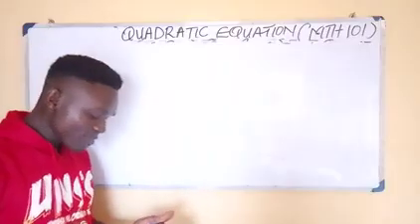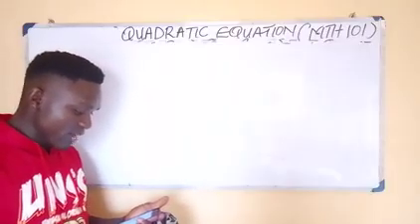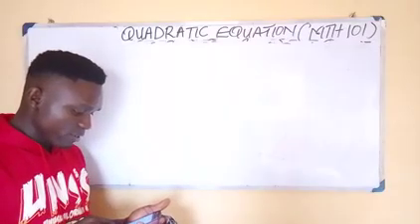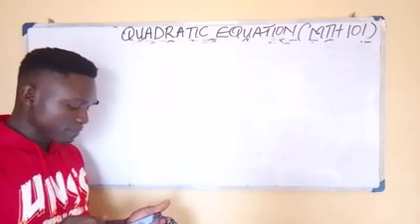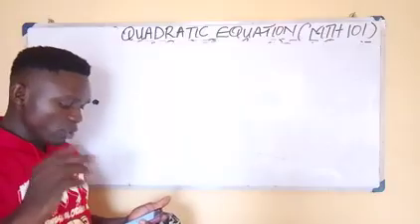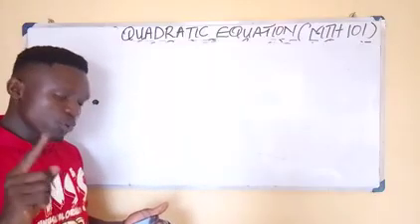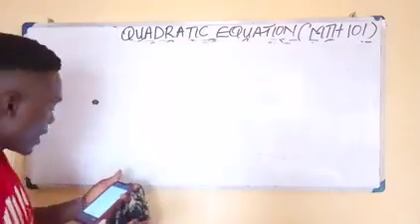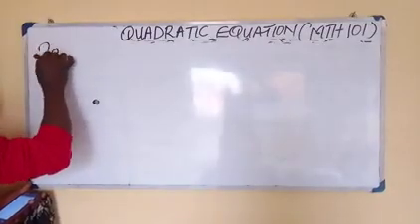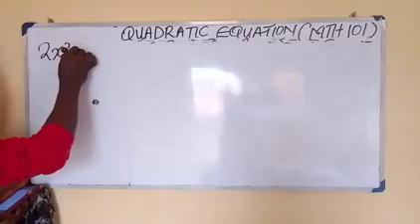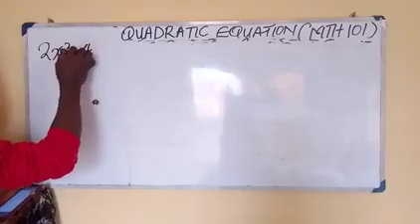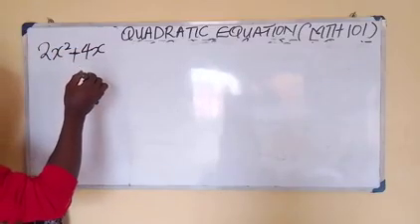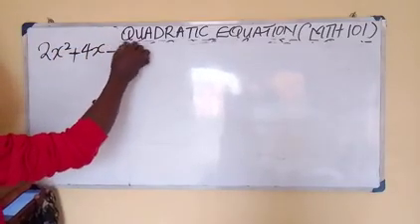Okay, so what number now? Number 5. The roots of the equation are given as 2x squared minus 4x minus 1 all equal to 0.